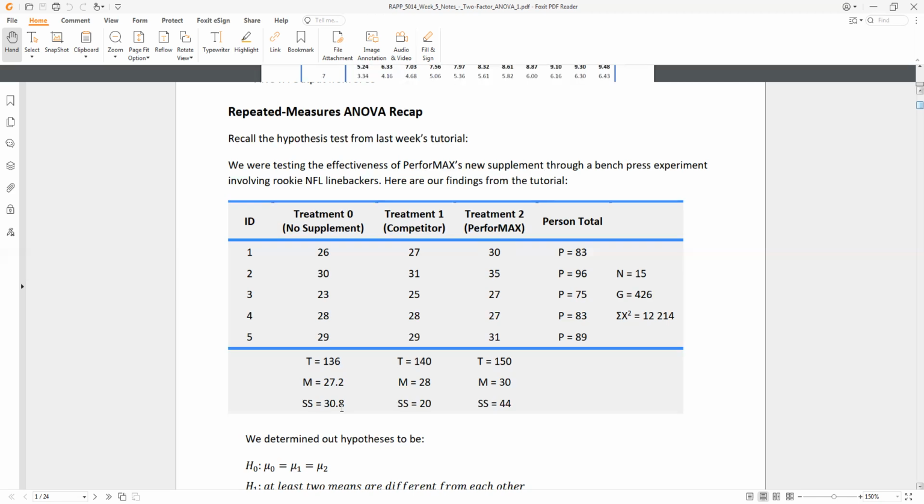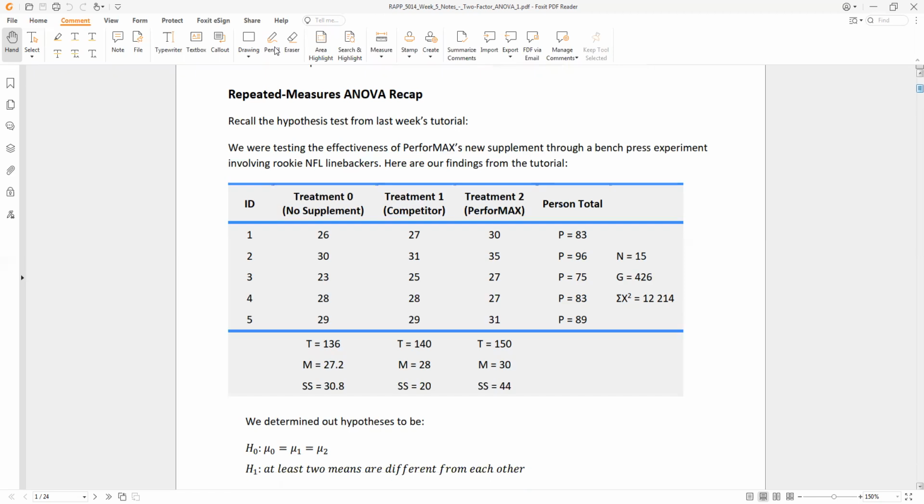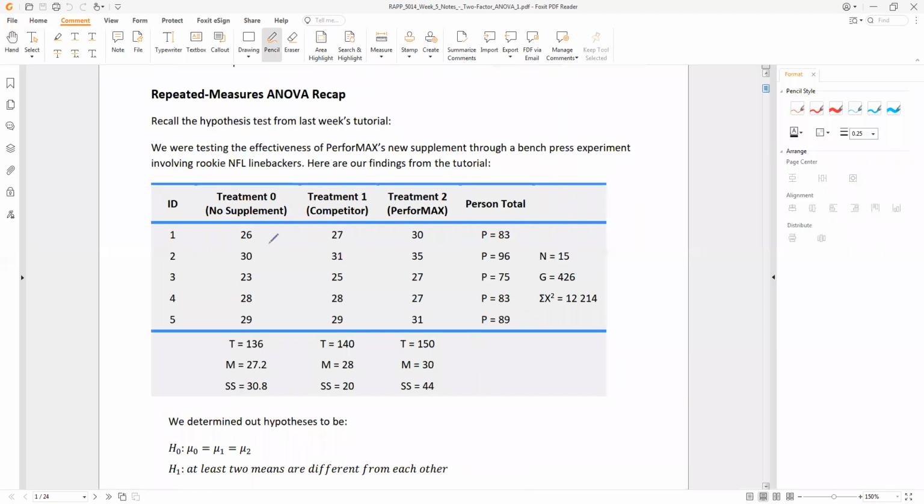And the way I do it, I also like to calculate the sum of the x squared for each of these columns. So let me just draw that in here. First we've got 26 squared, and then 30 squared, and so on.